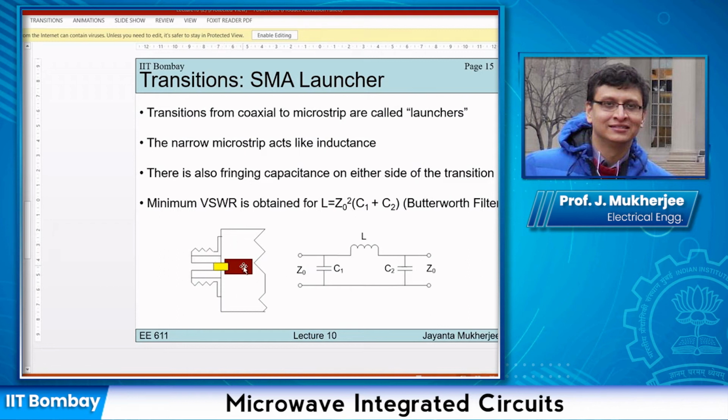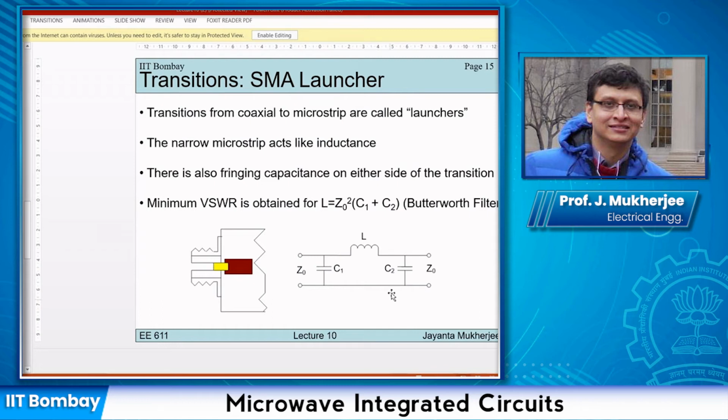So as we know, in a microstrip line, the mode of transmission is quasi-TEM, whereas in a launcher, which can also be modeled as a coaxial cable, the mode is pure TEM. So here, this launcher is an interface between a coaxial cable and a microstrip line, and its equivalent model can be given like this.